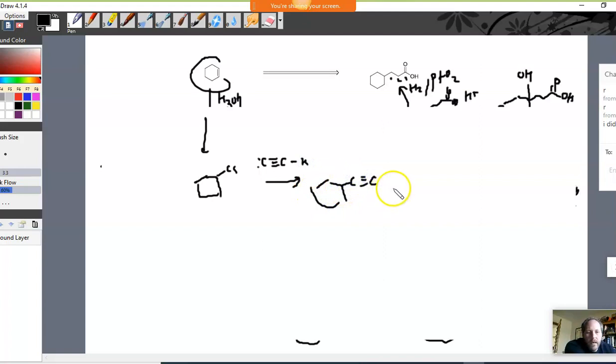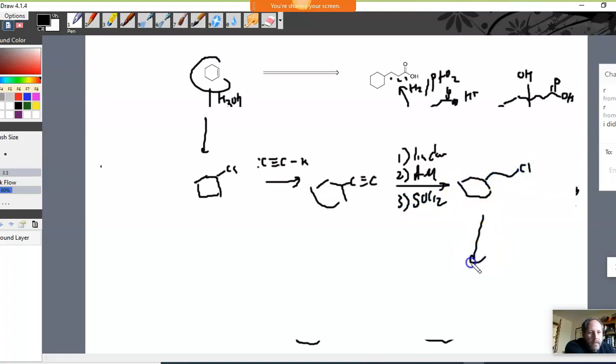All right. Lindlar's, anti-Markovnikov. I'll just put AM for anti-Markovnikov. And then that alcohol turn into a chlorine. So SOCl2. So you get this compound. And then add the nitrile.